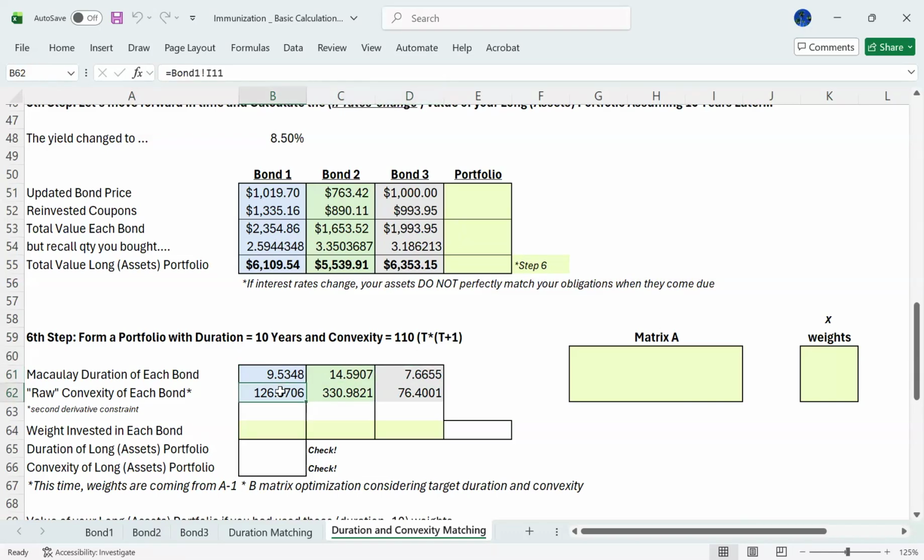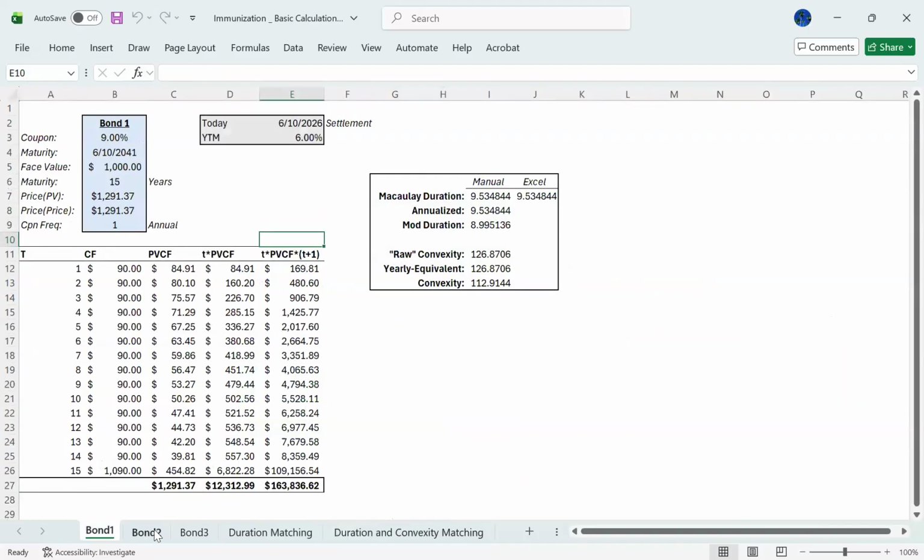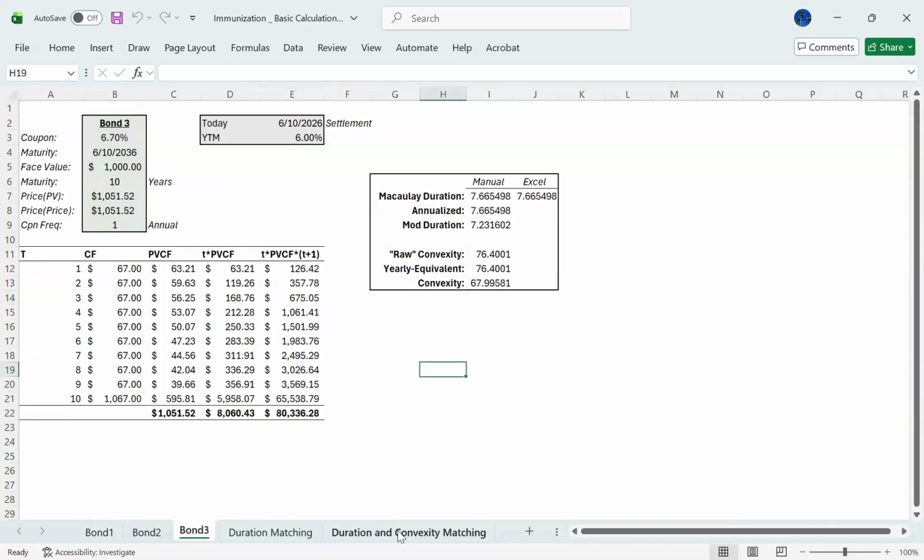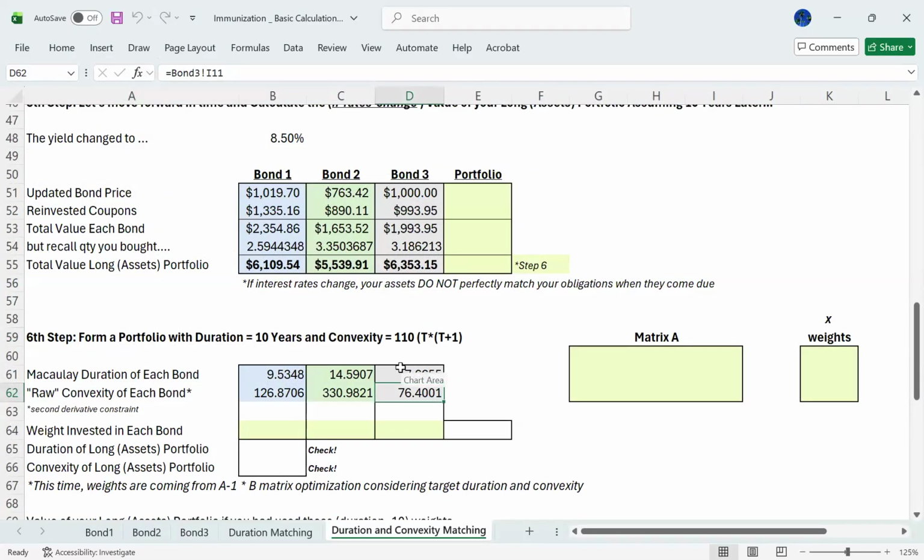And we have here the raw convexity from each one of the bonds. And these convexities are coming from these calculations here. Okay. And so I'm just plugging in this data for bond 1, 2, 3, which can be calculated from the parameters, the features of each one. And we have those here.